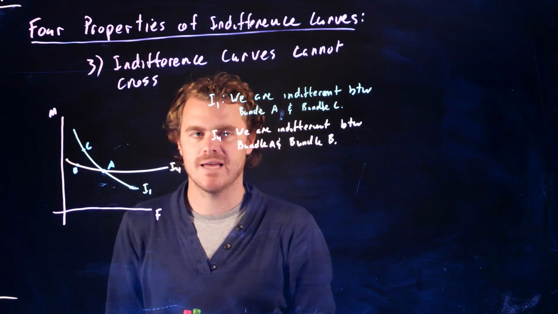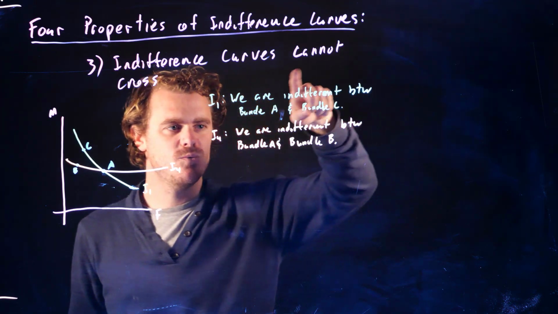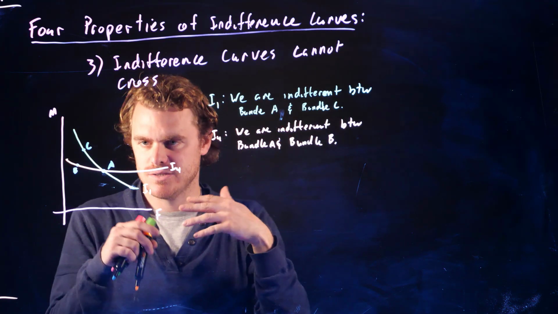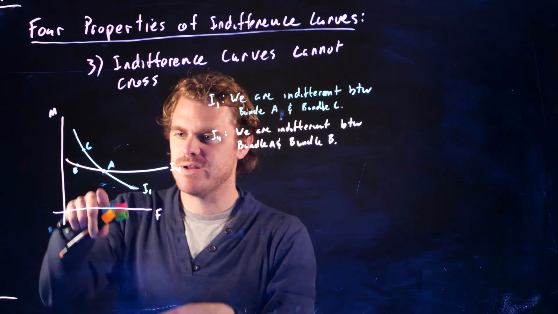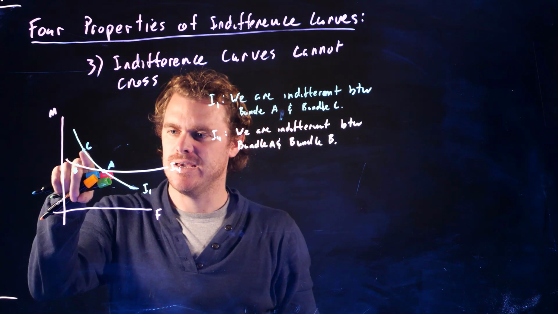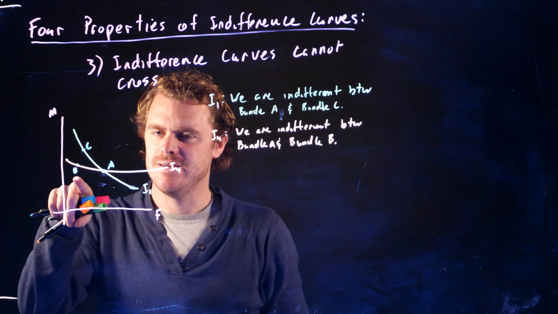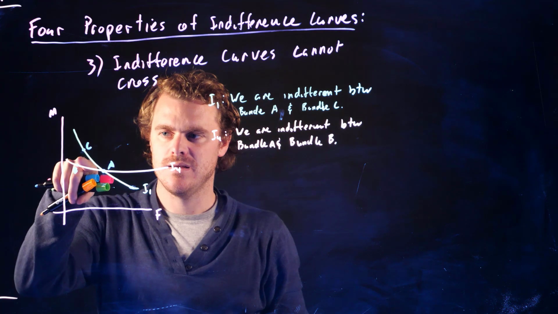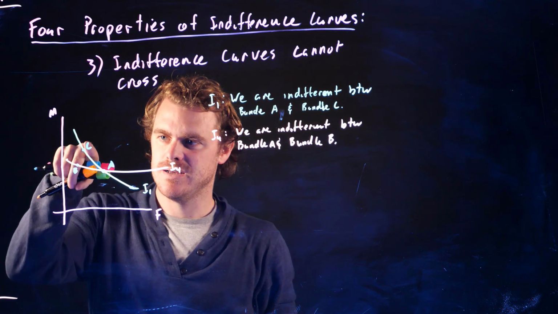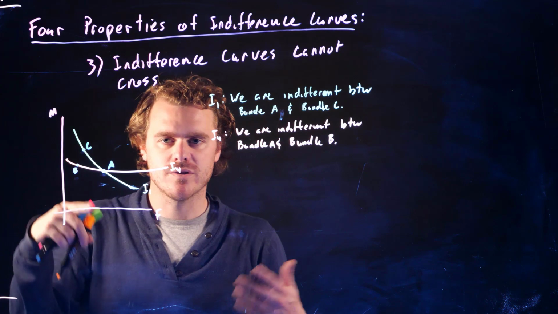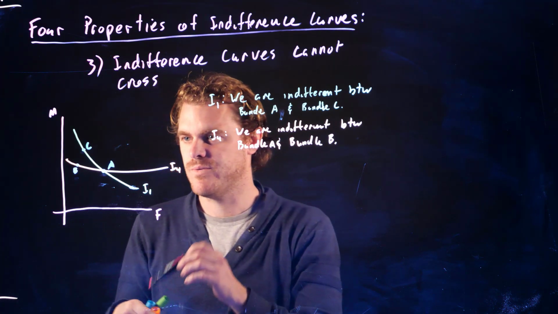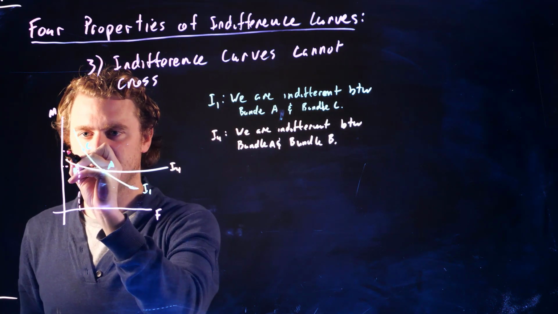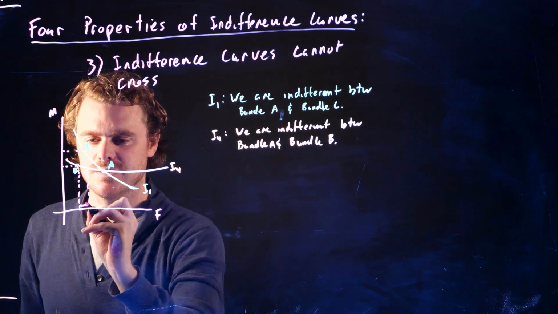The problem here is that, if we were to apply what we might call transitivity to this problem, we could say if we're indifferent between A and C, and we're indifferent between A and B, doesn't that mean we need to be indifferent towards B and C? But the problem here is that bundle C is giving us more of both of these goods than bundle B, right? If we mark out how much of each good we're getting in these bundles, in bundle C we're getting more of both goods.